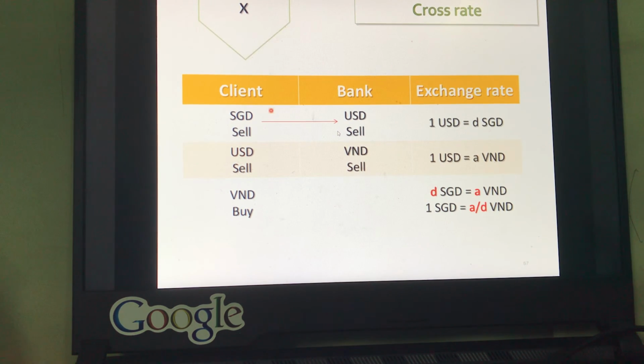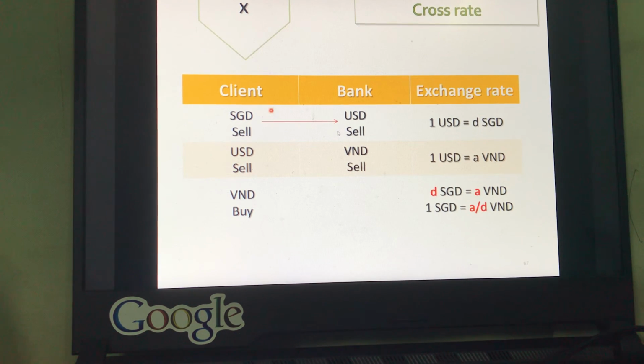You should understand that in the exchange rate we have a two-way quotation. The initial rate is the bid rate. The latter rate is the offer rate. The bid rate is the rate at which the quoting bank buys the commodity currency.